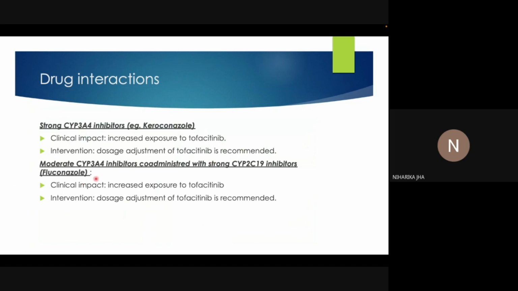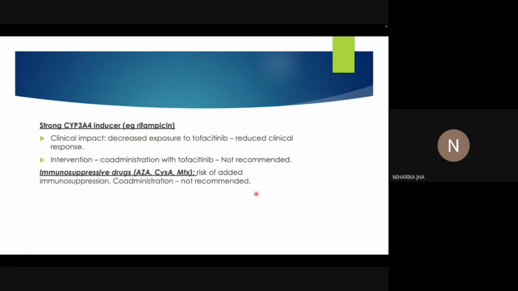Or if the patient is on fluconazole, which is a CYP2C19 inhibitor, again, the clinical impact is that there is increased exposure to tofacitinib because its metabolism is getting hindered. When the metabolism is hindered, more tofacitinib is available to the patient. As a result, we have to do dose adjustment. That means we have to start at a lower dose.